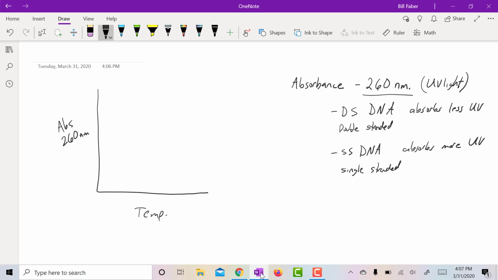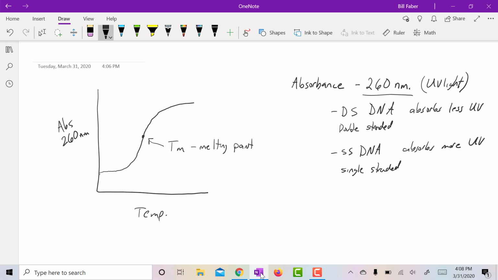And so if you have low temperature, you have double-stranded DNA. And as you increase the temperature, it ends up looking like this, okay? Now, if you've taken a calculus class before, this is what's called an inflection point. You don't have to know what an inflection point is, but you do have to know where it switches, where it kind of goes from curving up to curving down. This is what we call the TM, which is the melting point.